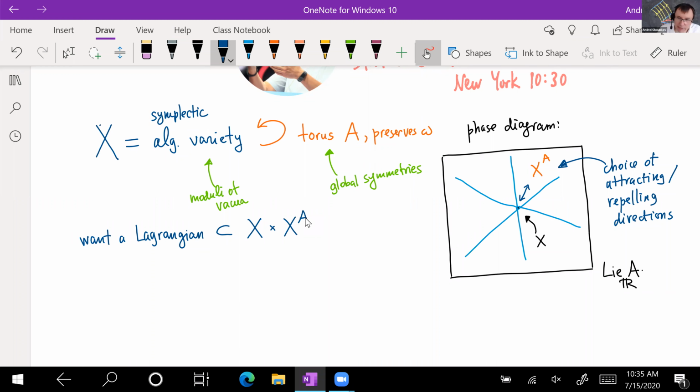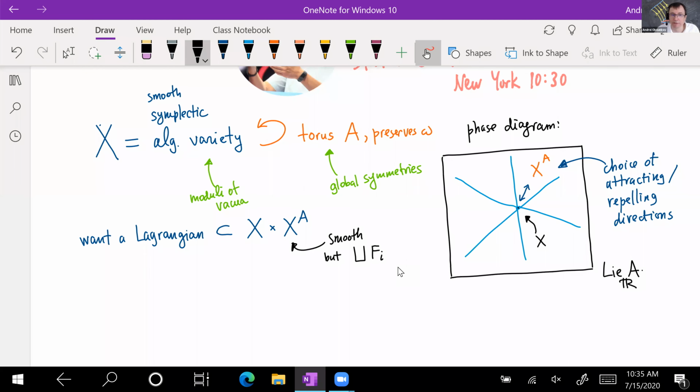If X was a vector space, or in the neighborhood of a given fixed locus, which is incidentally the fixed locus of a torus, this is always smooth if X is smooth. So let's assume it's smooth. The remark is that this is smooth, but could be disconnected, a bunch of connected components.